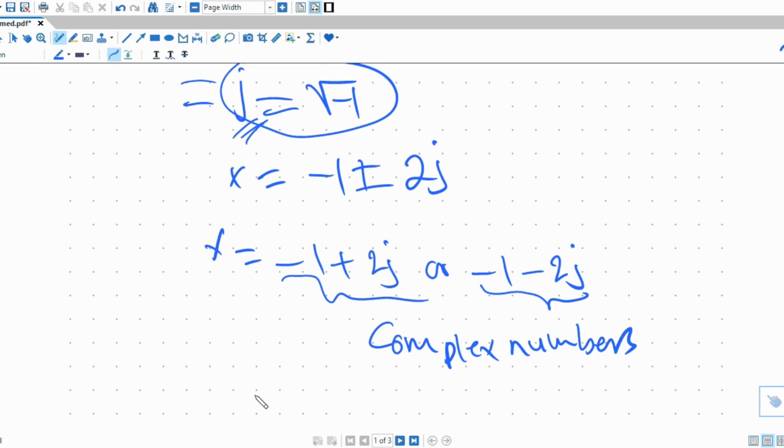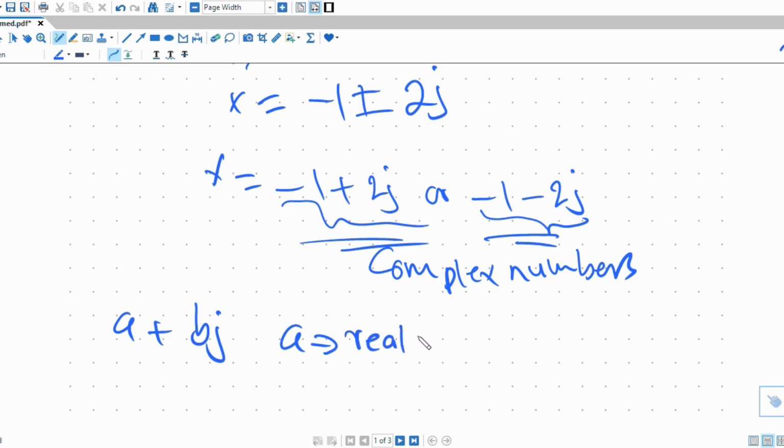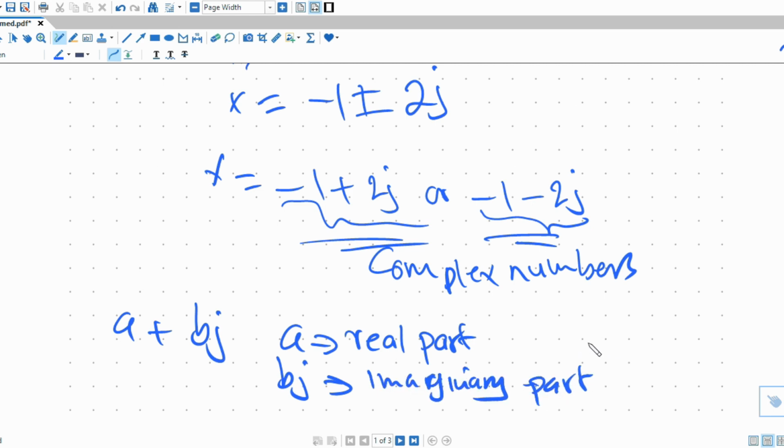The two solutions are of the form a plus bj, where a is known as the real part of the number, while bj is known as the imaginary part. So in other words, complex numbers are numbers which have both the real part and the imaginary part.